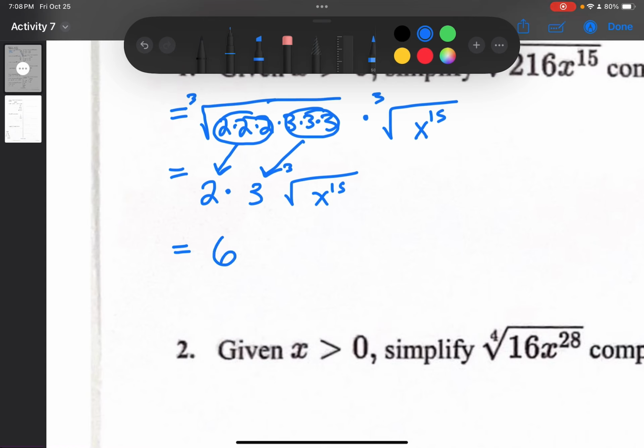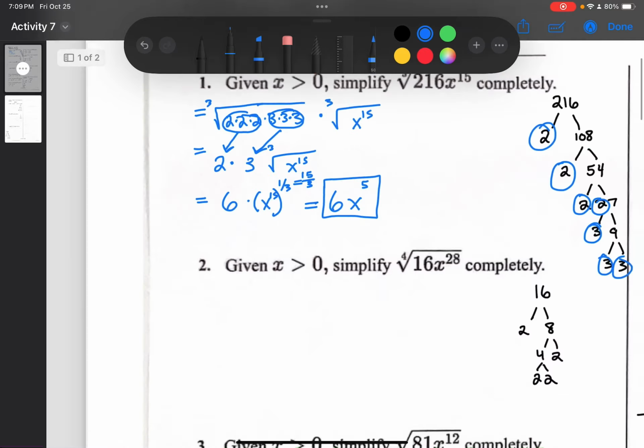And this can be turned into x to the 15th to the 1/3. That's the same thing as the cube root, right? That can be simplified into 15 over 3. So 6 times x to the 15 over 3 is just x to the 5th, right? So this is what we can simplify that to.